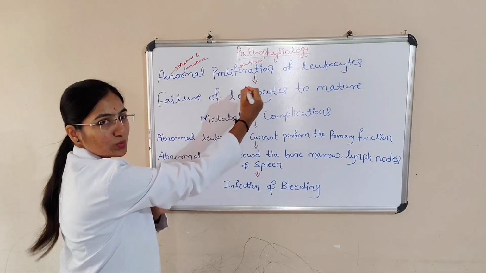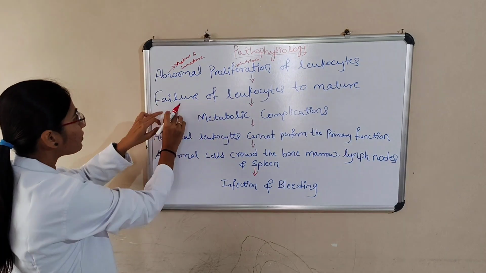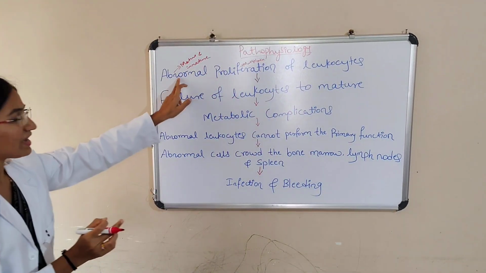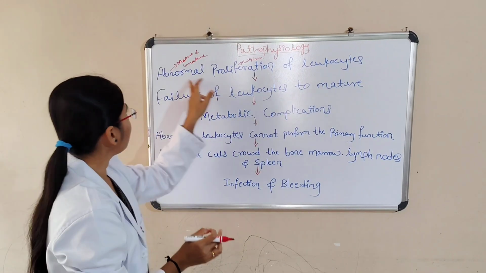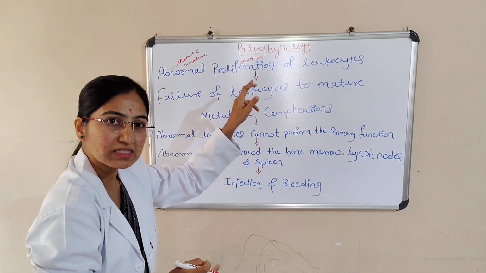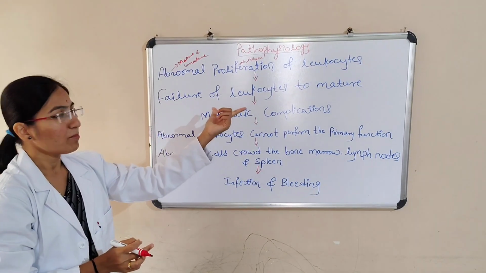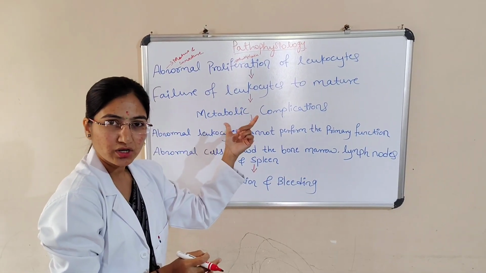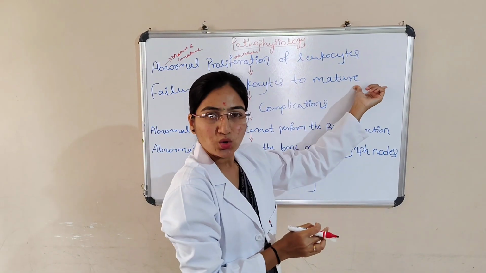That leads to failure of leukocytes to mature. They are abnormal leukocytes that don't mature, that is, immature leukocytes.